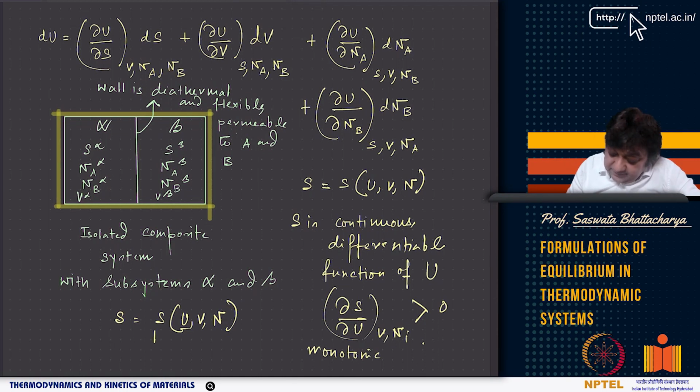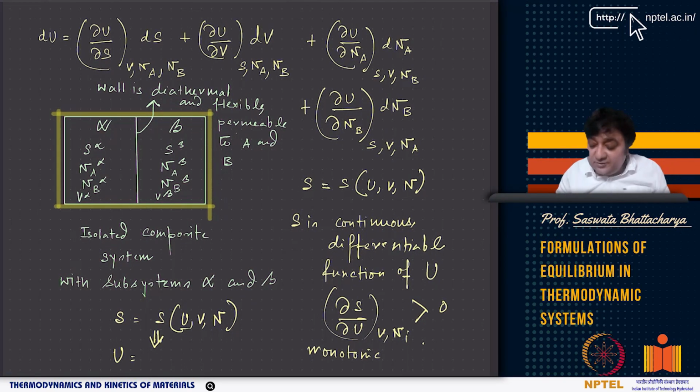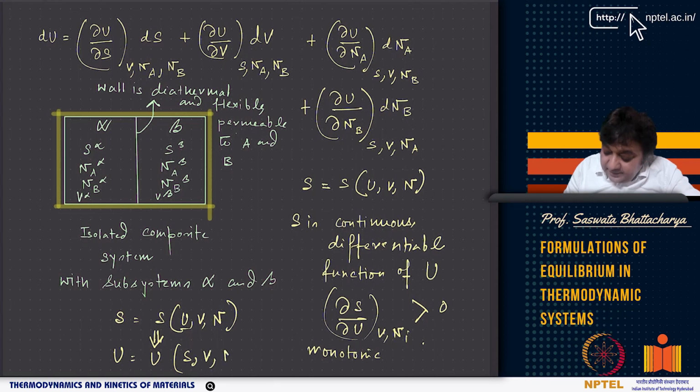Then, because it is continuous and differentiable as well as monotonic in U, we can invert and write U as a function of S, V, and N. Both are possible.